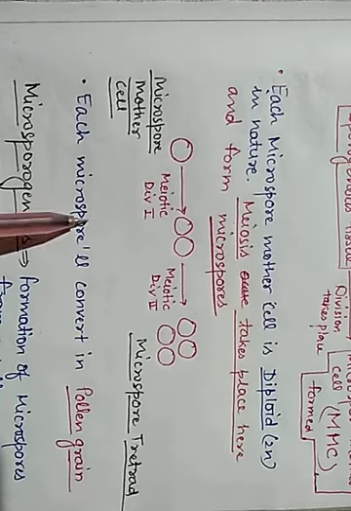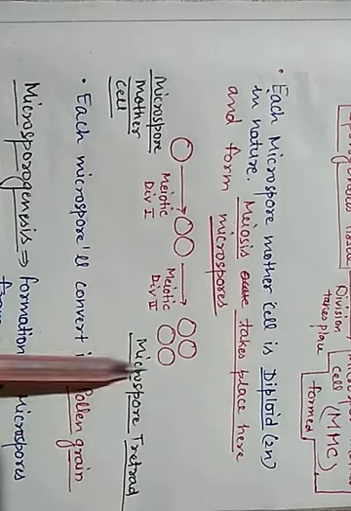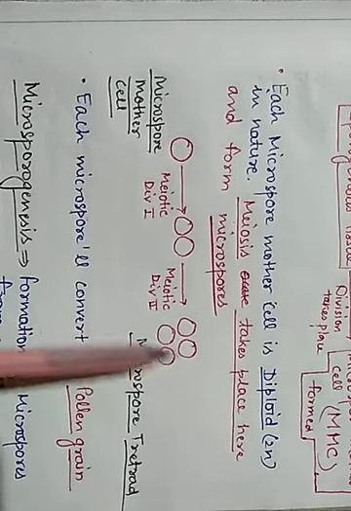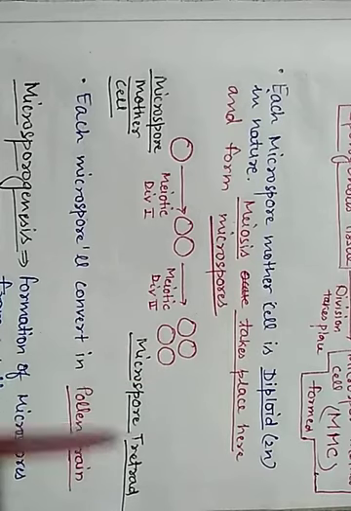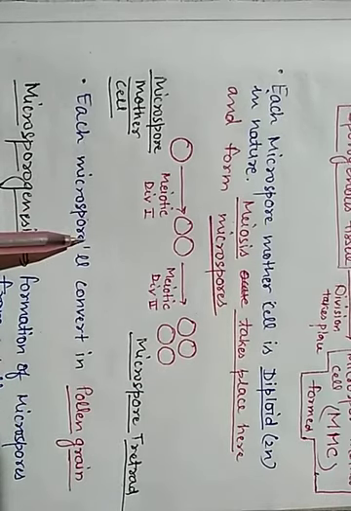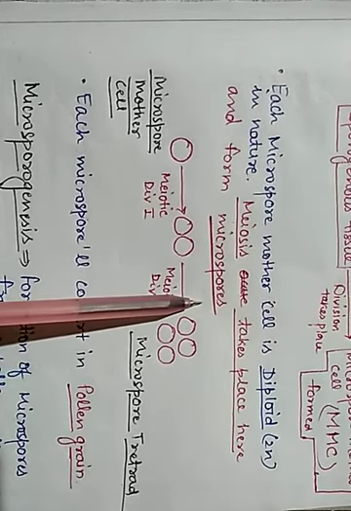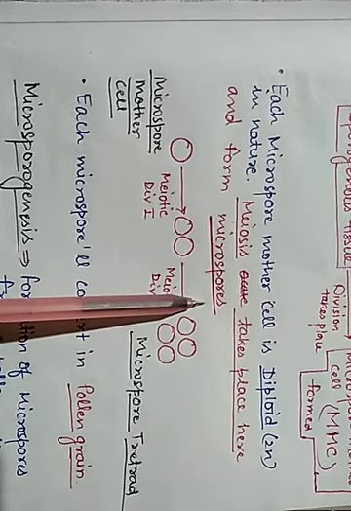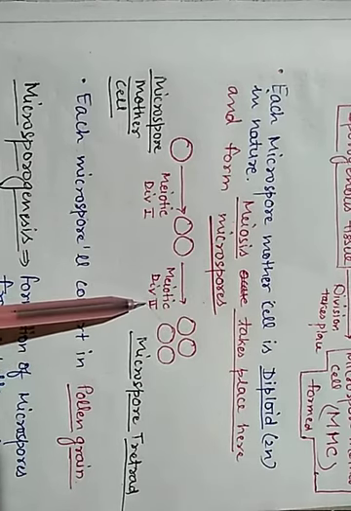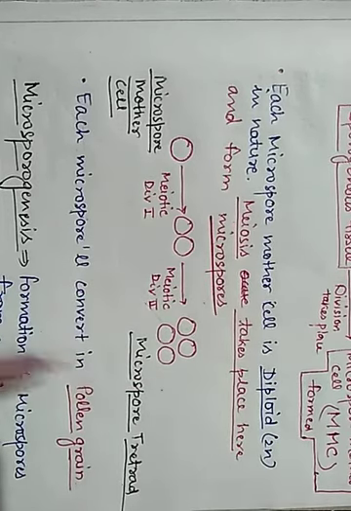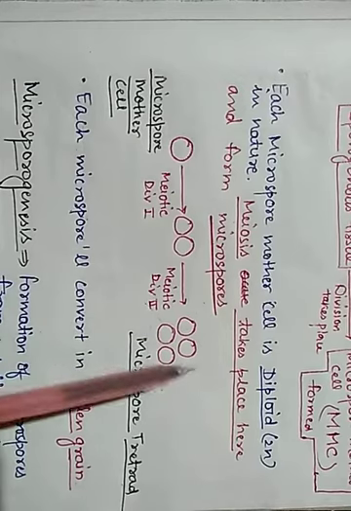Each microspore tetrad has 4 in number, that's why it is known as a tetrad. Each microspore will convert into a pollen grain. So there is a formation of 4 pollen grains here.